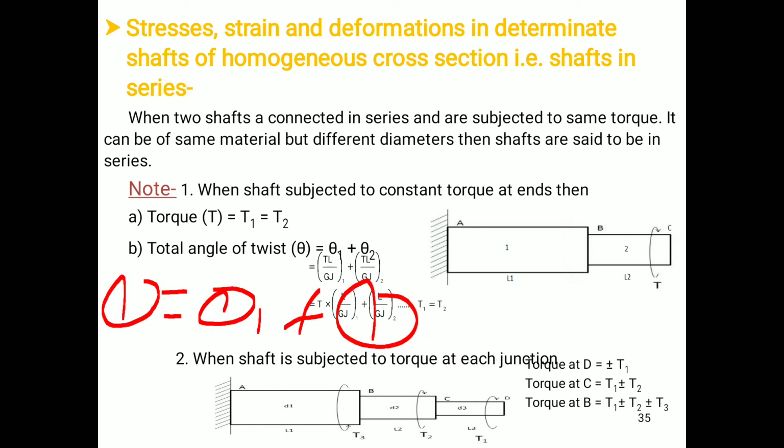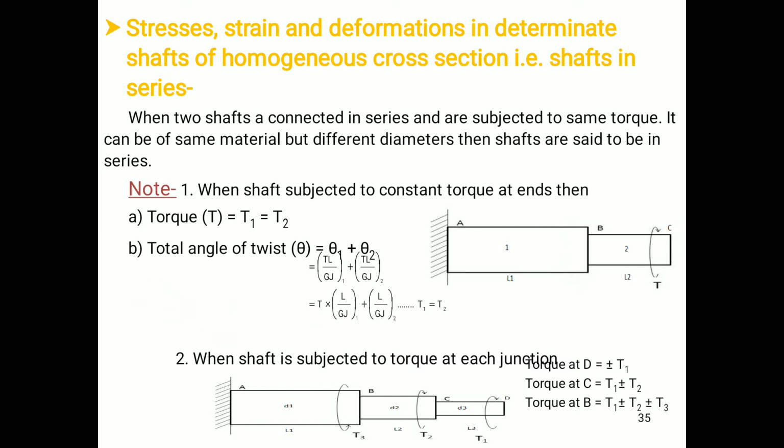All of you know the value of theta by using the torsional formula. By using the torsional formula, we have theta is equal to TL upon GJ. So we will apply this equation for both angles of twist. So the total theta will become TL upon GJ of the first shaft plus TL upon GJ of the second shaft.